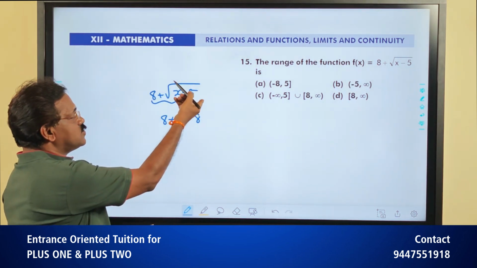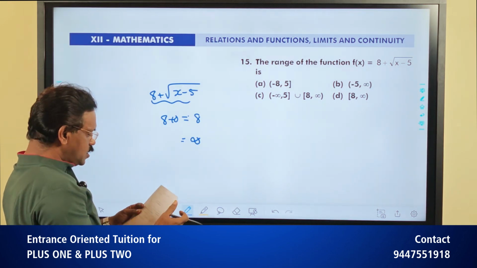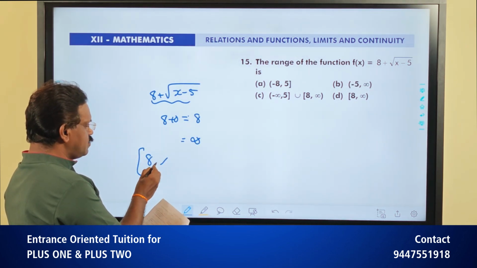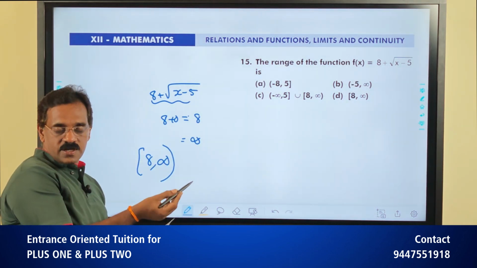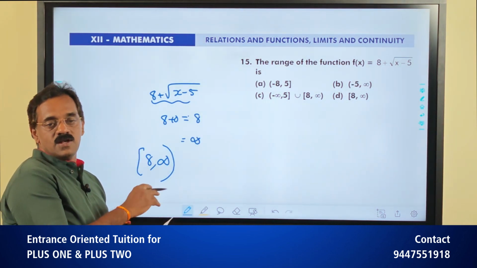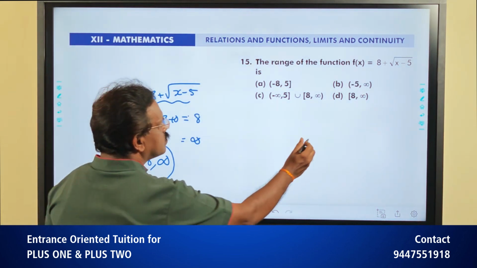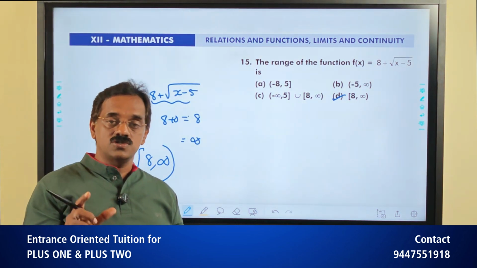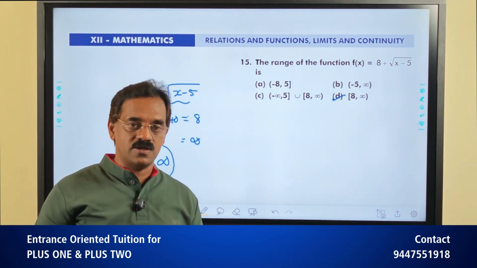When it takes the highest value infinity, 8 plus infinity is equal to infinity. So we can say that the range is going to be 8 comma infinity. Remember, infinity is followed only by an open interval, whether it is minus infinity or plus infinity. So the choice is given by D. This is a very important question. Remember, this logic of finding the range of a square root function is very important.